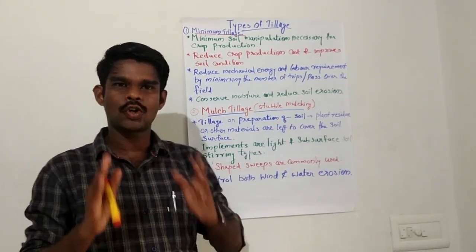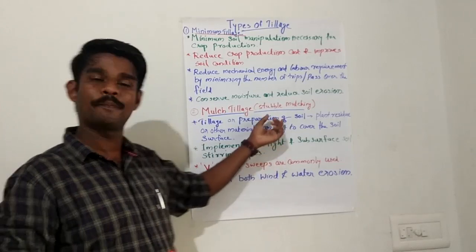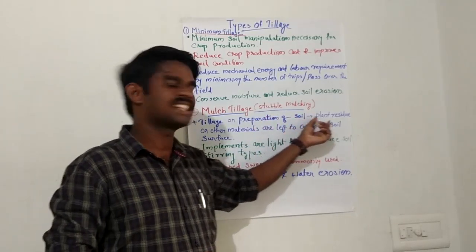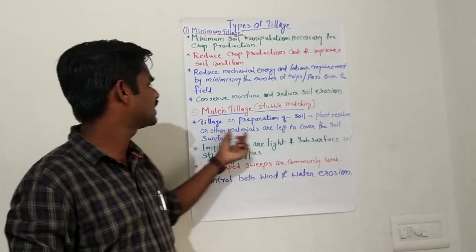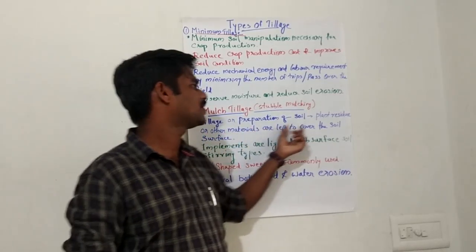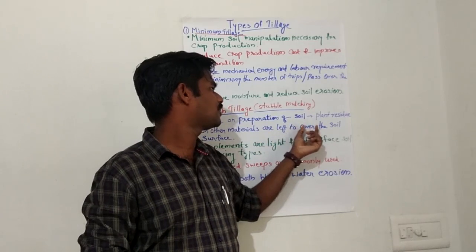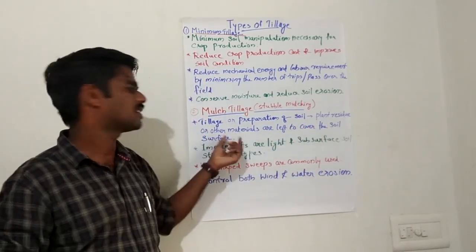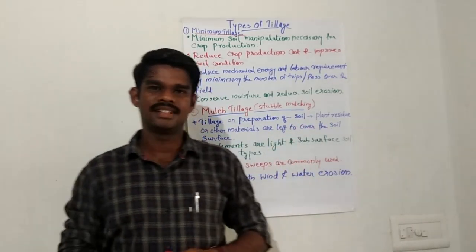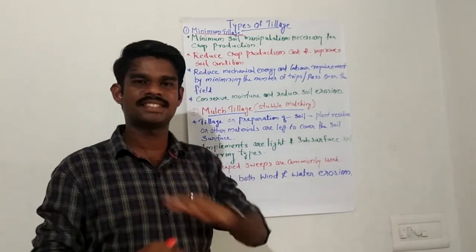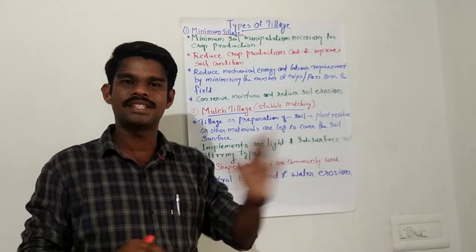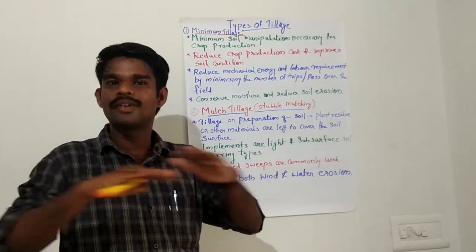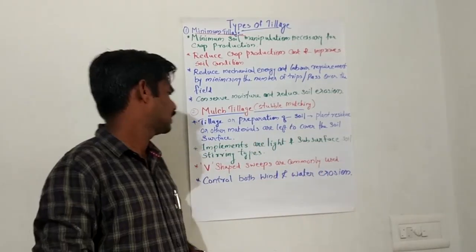Next, mulch tillage or stubble mulching. It is a tillage operation or a preparation of soil in such a way that the plant residue or other materials are left to cover the soil surface. So it is like mulching.